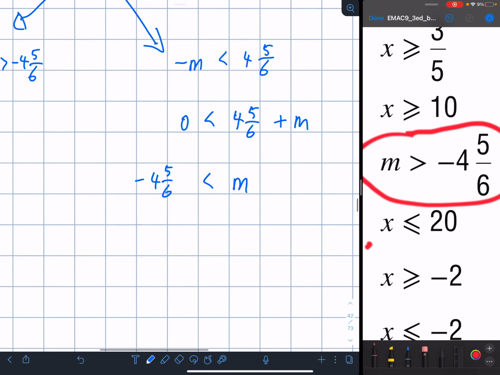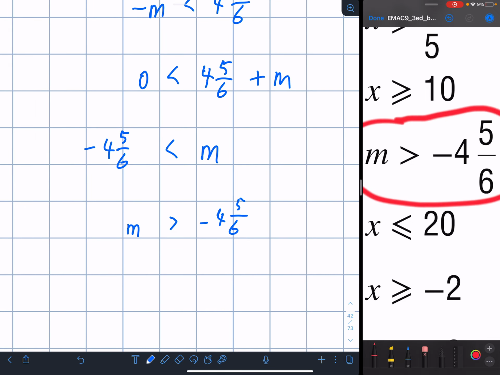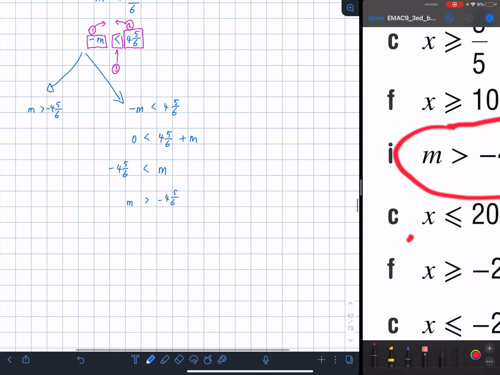If negative 4 and 5/6 is less than m, therefore m must be greater than negative 4 and 5/6. And you can see there we've got the correct answer.